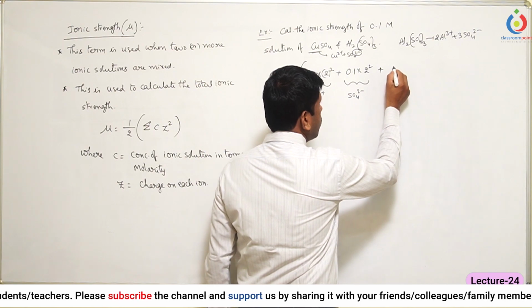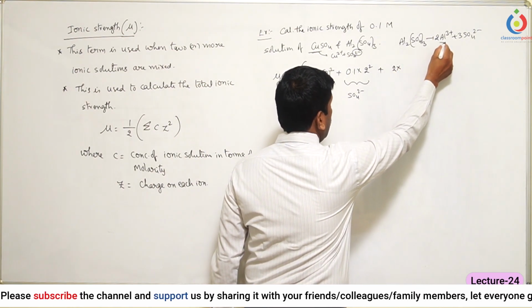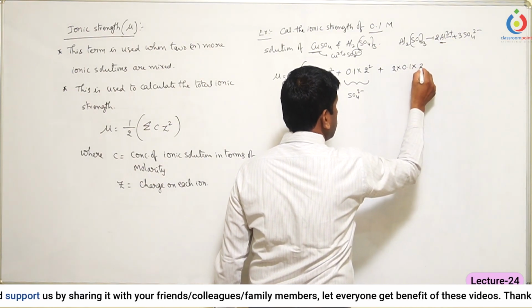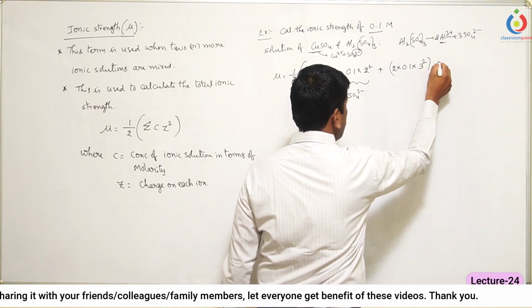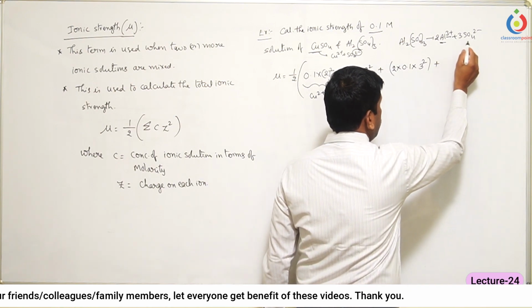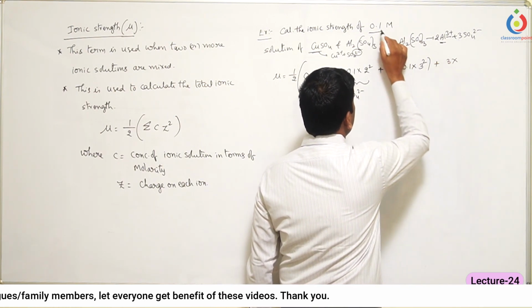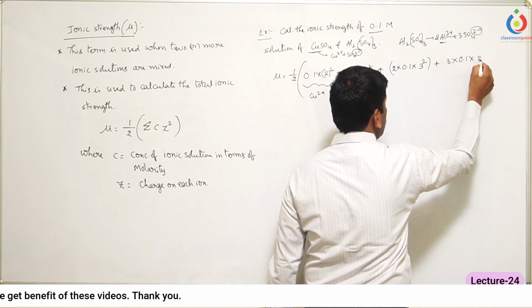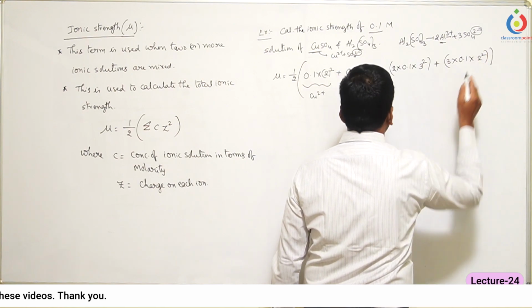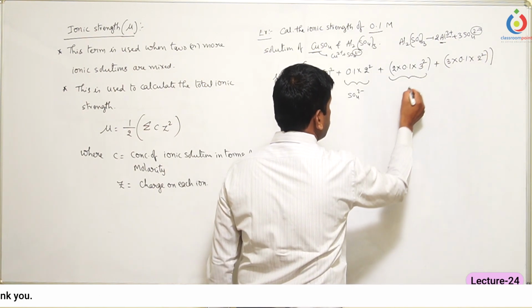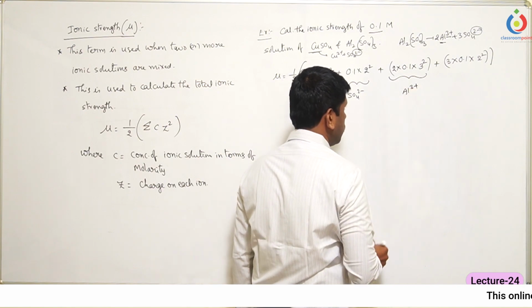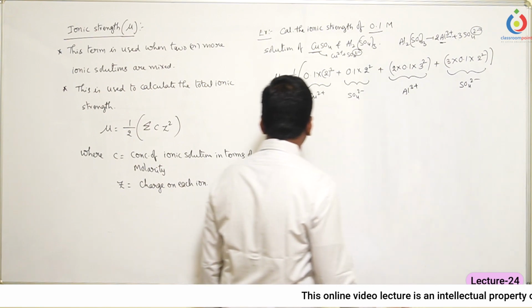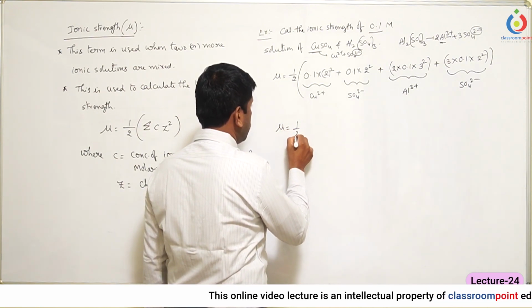So here 2 into the aluminum ion concentration 0.1 into its charge 3 square, plus 3 sulfate ions, so 3 into concentration 0.1 into its charge 2 square. This is for the Al3 plus ion, and this is for the sulfate ion. Now let us solve this one.